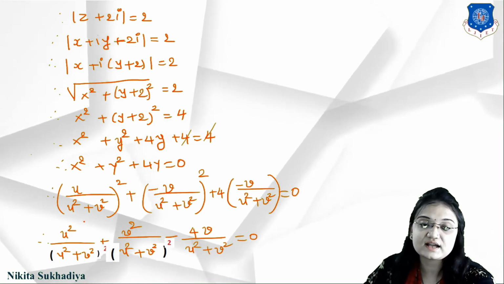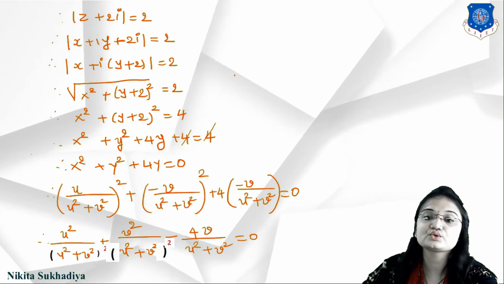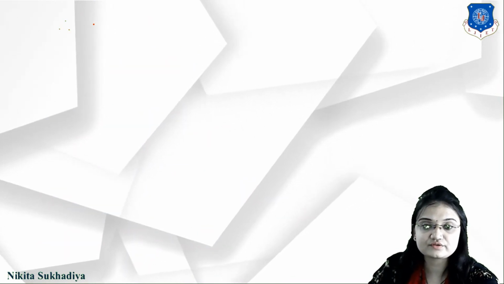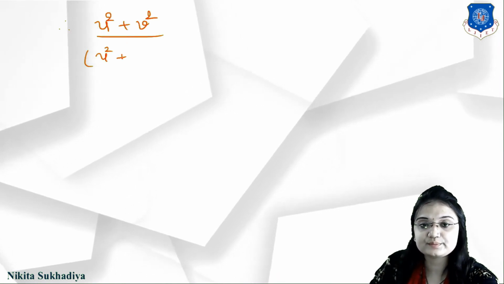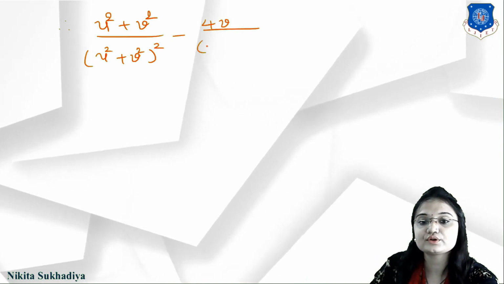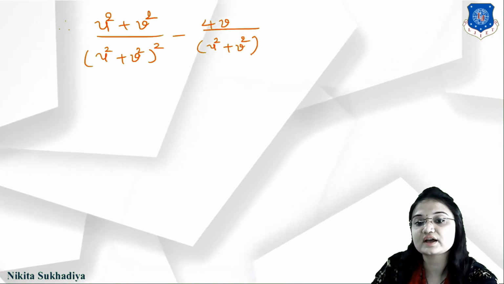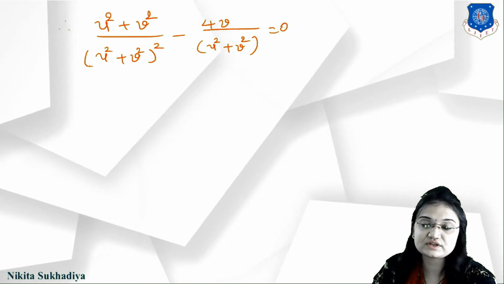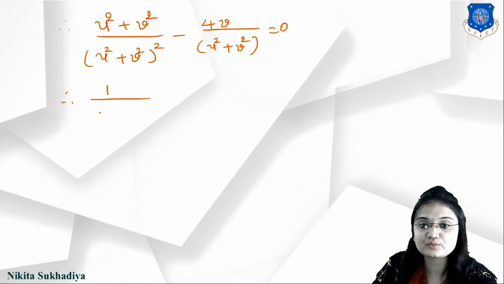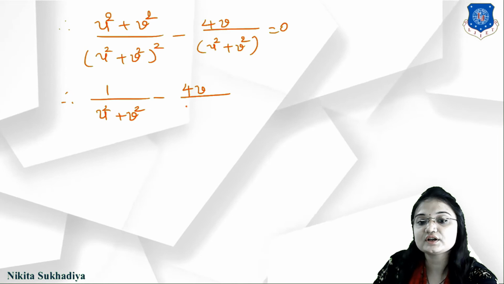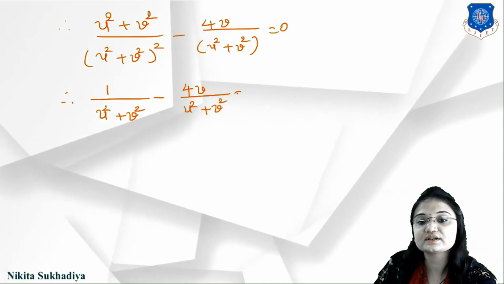Okay, now by taking LCM in the first two terms, our first two terms will become u square plus v square upon (u square plus v square) whole square minus 4v upon u square plus v square is equal to 0. So here the u square plus v square cancels out, and this will become 1 upon u square plus v square minus 4v upon u square plus v square is equal to 0.